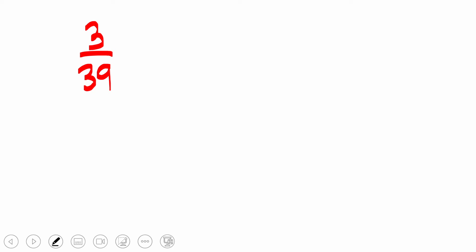Okay, if you're given a word problem and you have to build your fractions, it might look like this. Solomon wrote 3 of 39 books of the Old Testament. 3 of 39 total. This is Solomon. Luke wrote 2 of the 27 books of the New Testament. 2 of 27 total.